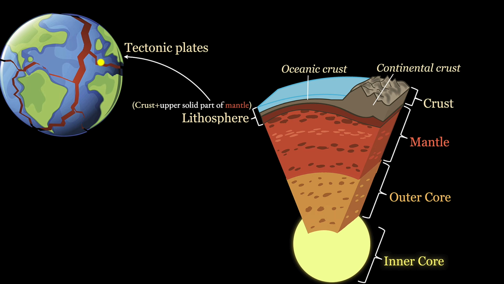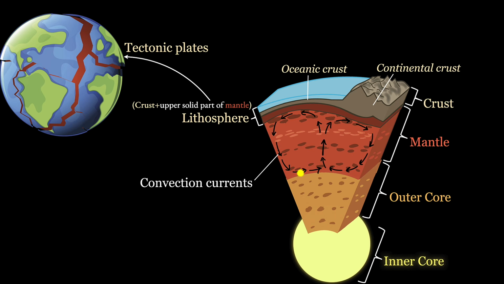And these are moving. What makes them move? Well, the heat from deep inside the Earth makes the material in the mantle slowly move in circulating fashion, which we call convection currents. This is a very simplified model, and scientists are still debating how exactly these currents work. But here's what's important.